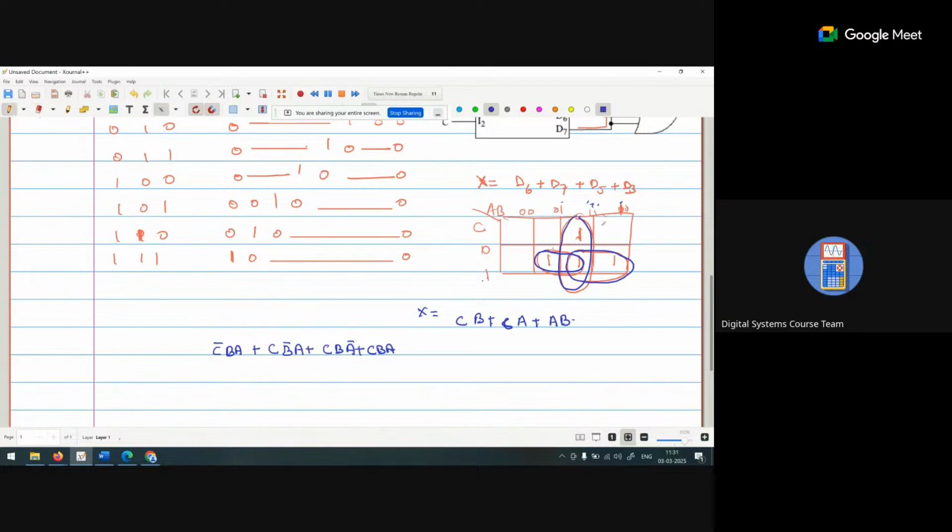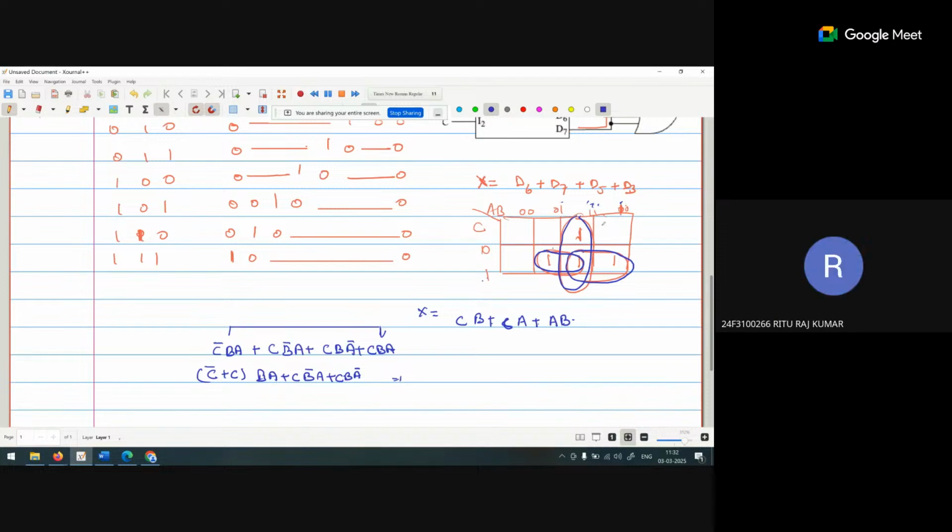Okay. Yes, sir. So I take this one as common. So it is a c bar plus c into ab, or ba, plus c b bar a plus c b a bar.